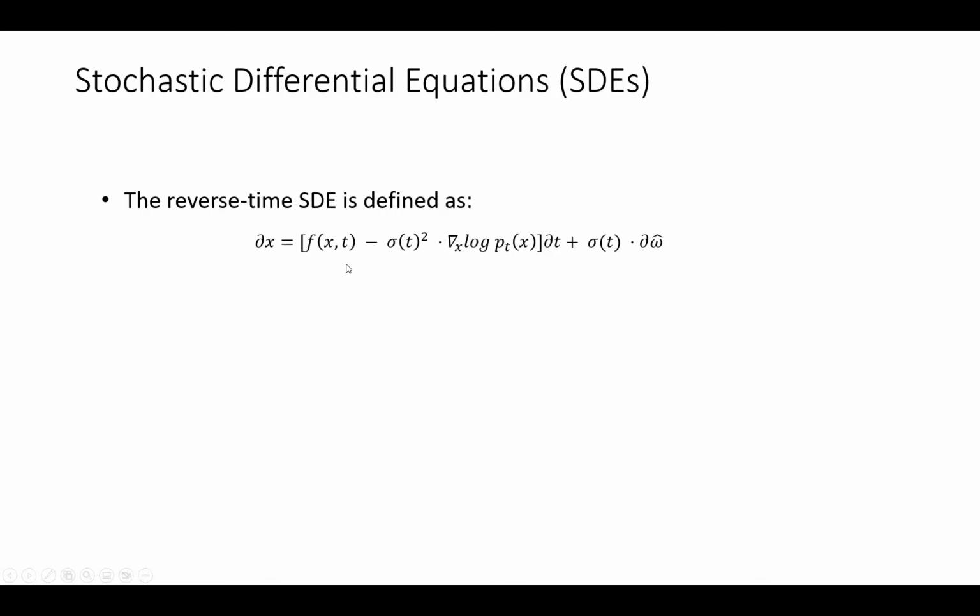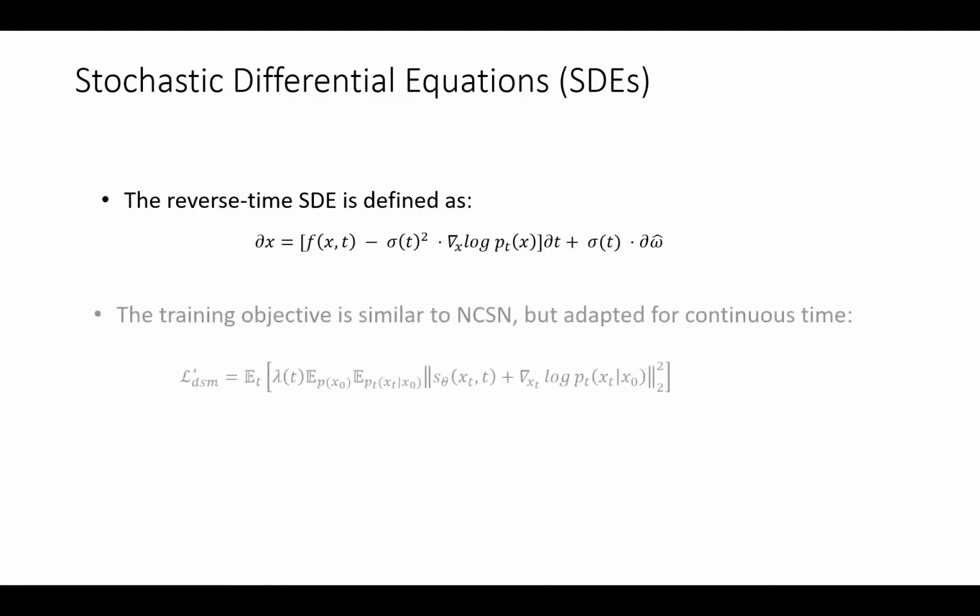So f(x,t), same thing, and then this is the noise term. But the interesting thing is that again we have this score, the gradient of the log probability. So you see this is a common theme: if we can train a network which can estimate this, then we can use it in all these methods, which is very interesting, very nice.